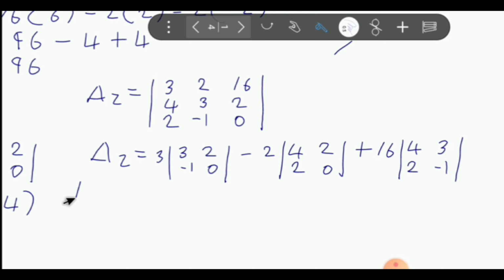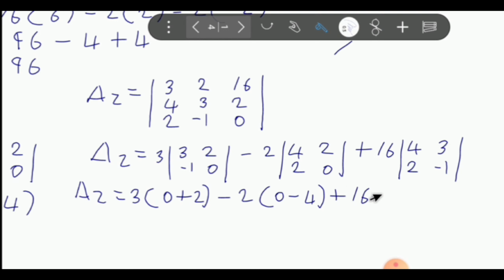So we see change in z equal to 3 times 0, that's 0. Minus 2. 2 times minus 1 is minus 2, so we'll say plus 2. Minus 2, open bracket, 4 times 0, that's 0, minus 4, plus 16, open bracket, 4 times minus 1, minus 4, minus 3 times 2, that's 6.